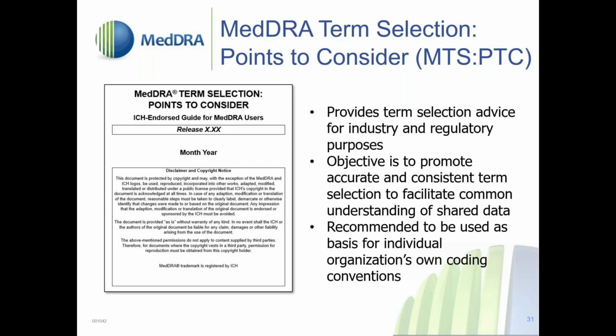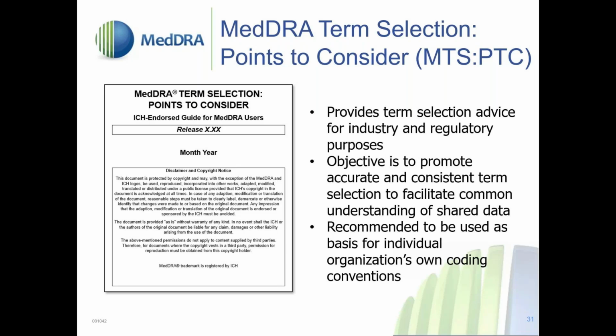So we said when you're coding in MedDRA, what you're doing is you are selecting a MedDRA term at the LLT level. So MedDRA term selection is basically coding. And these are points to consider, meaning things that you want to think about. So the PTC guide facilitates consistent selection, and it is recommended as the basis for each organization-specific coding conventions.